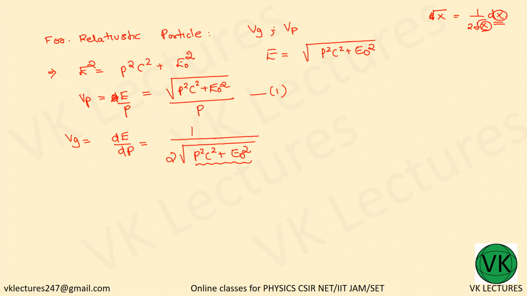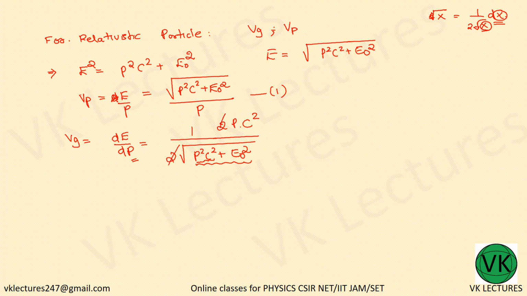Now with respect to P, that is equal to 2 times P into C square, and we keep the root of this quantity. So 2P C square; now this 2 and 2 you can take out.